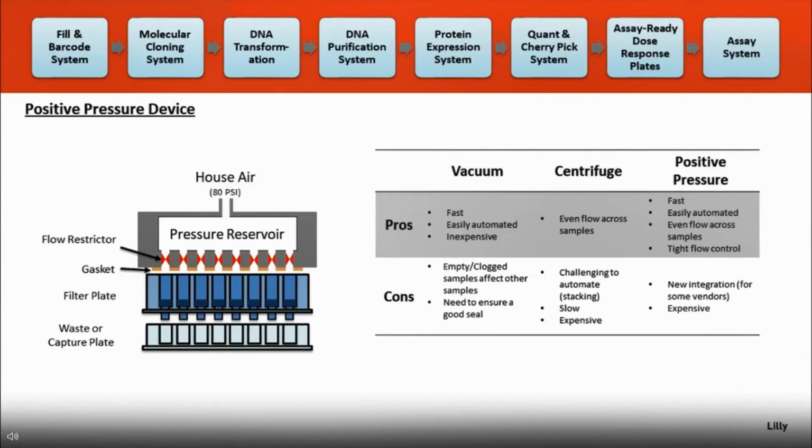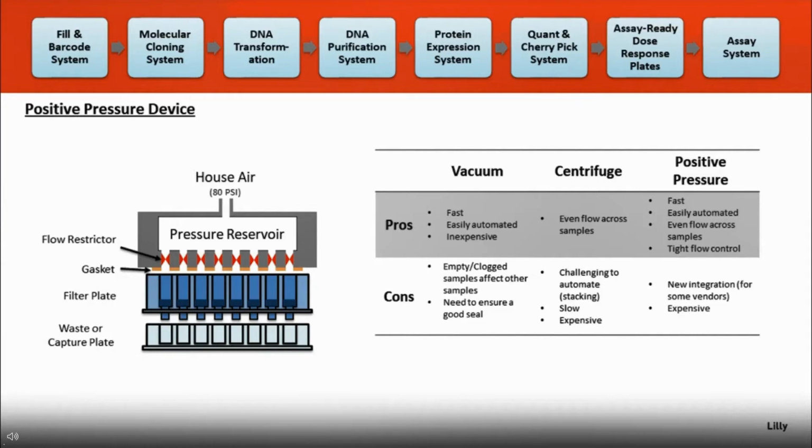And so the nice thing about this, you're essentially pushing samples through a filter plate. And whether you have an empty well or a well that's completely clogged, since you have a large pressure differential across the restrictor, you have the same amount of pressure being applied to every well. So whether it's an empty sample or a clogged sample, you don't have those wells impacting the nearby or adjacent wells.